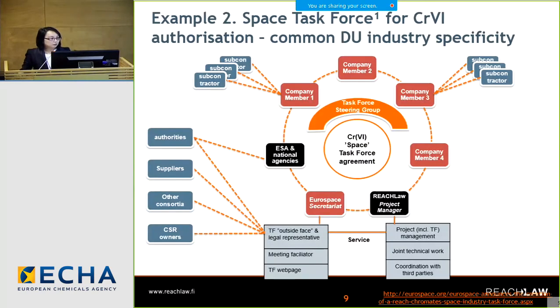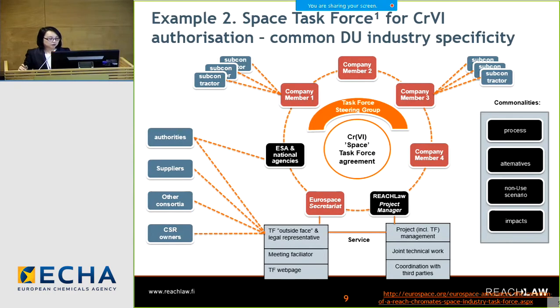And then we had another example, which is basically an end-user driven task force, where this group of companies, the space industries, are connected by very unique geopolitical restraints, which define their common view on the timeline for substitution and non-use scenarios and their impacts.